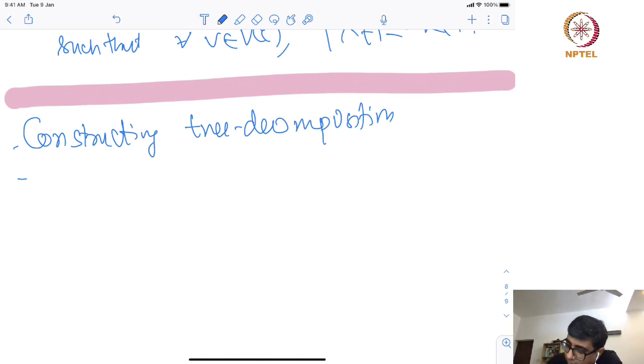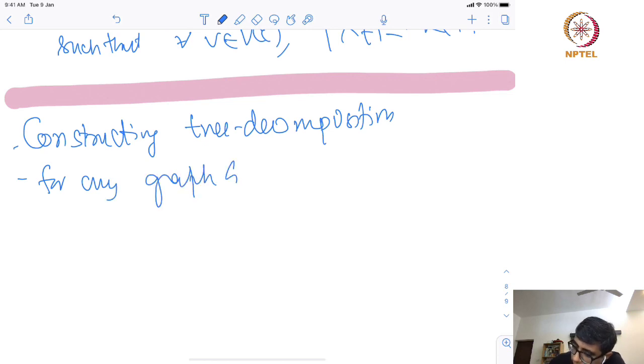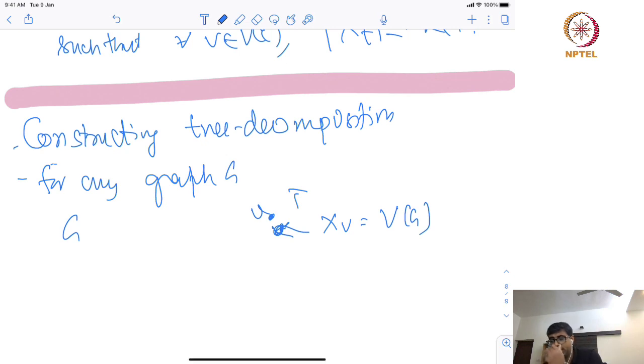For any graph G, here is my tree decomposition. The tree consists of a single vertex v, with X_v equal to the vertex set of G. Definitely it satisfies all the properties: every vertex appears, for every edge there is a bag containing it, and any vertex appears only here, so it is a connected thing.